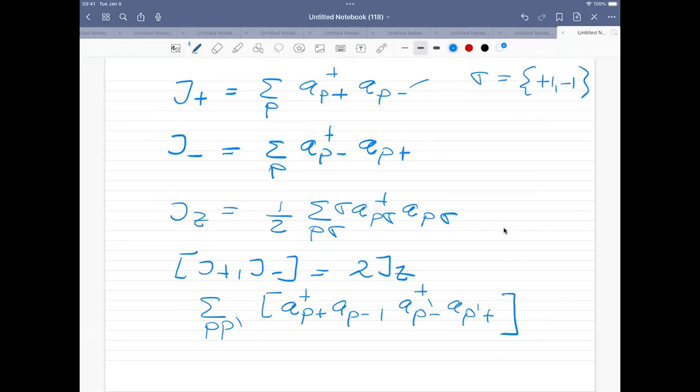I'm just setting up the commutator between these two quantities, and since these represent multiplications between the operators, I have to have a double sum over p and p prime. The exercise is not the most exciting one. It's a little bit boring in a sense, because you can get lost sometimes in all these indices.